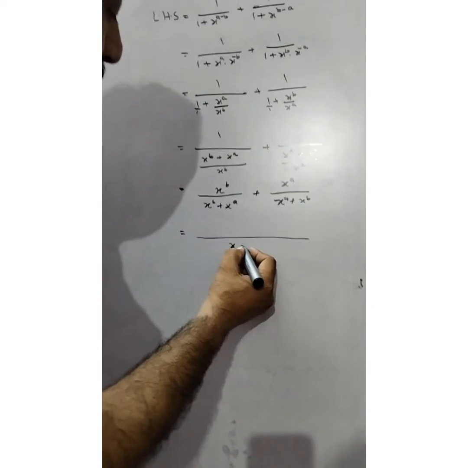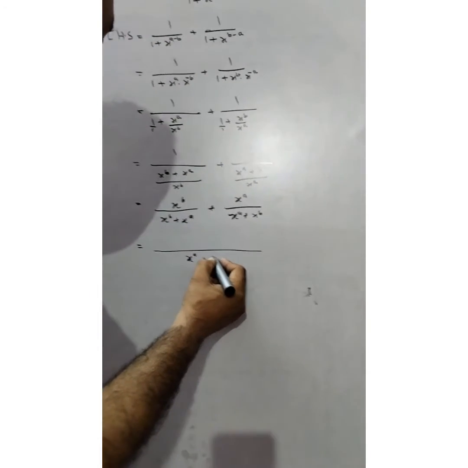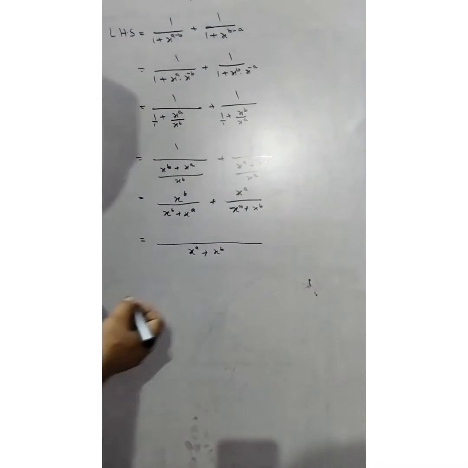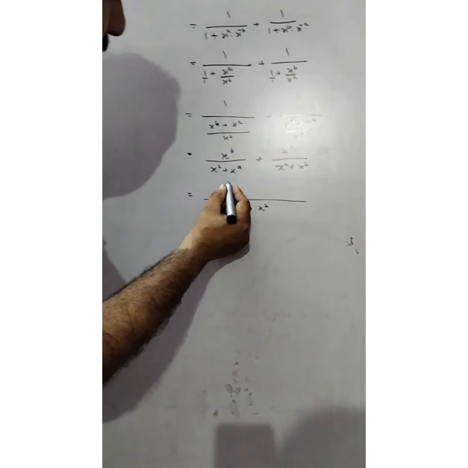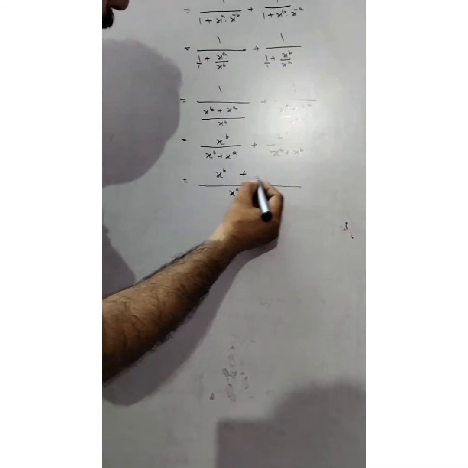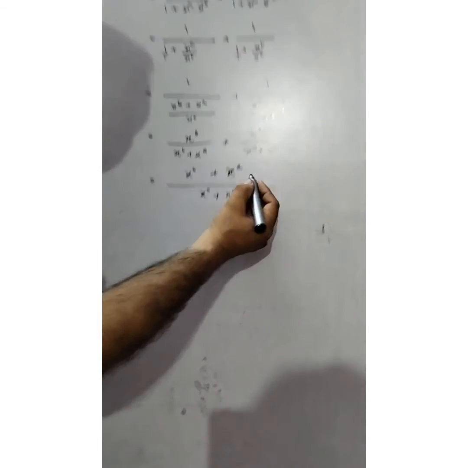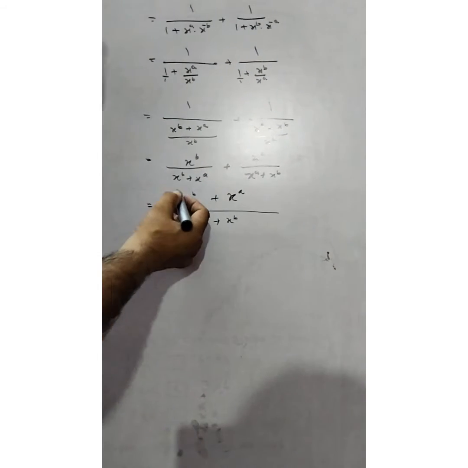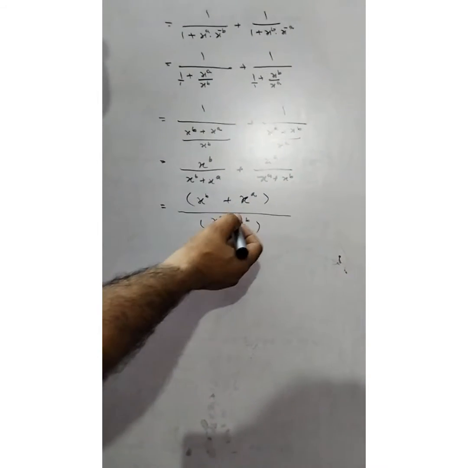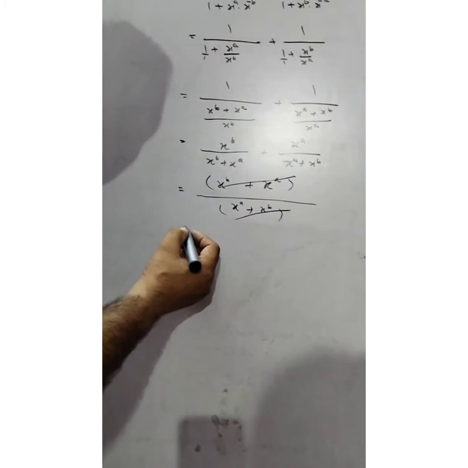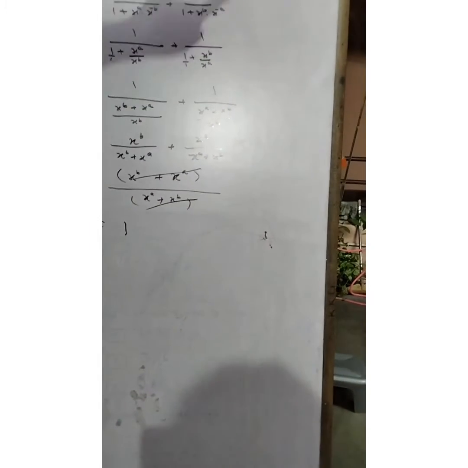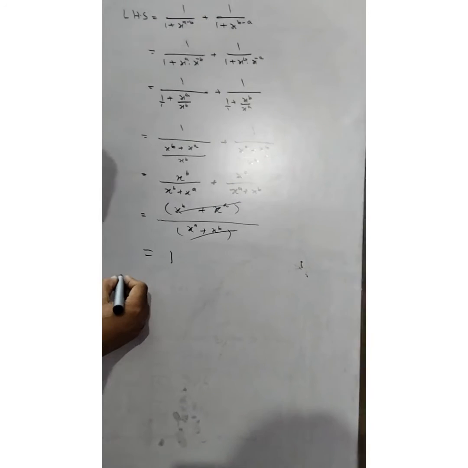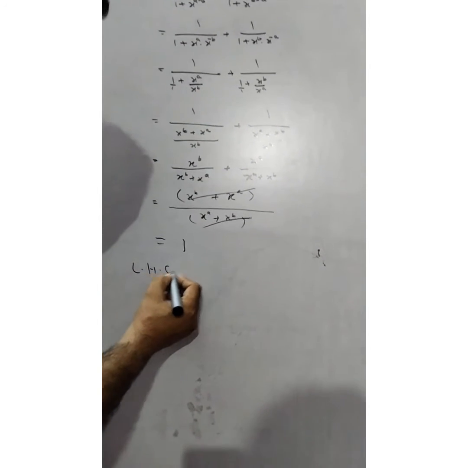Now LCM is x^a plus x^b. Now this is the simplest form, so we can write x^b plus x^a. So this is the simplest form. Now we can write 1. 1 is the RHS. So we can say the LHS is equal to RHS.